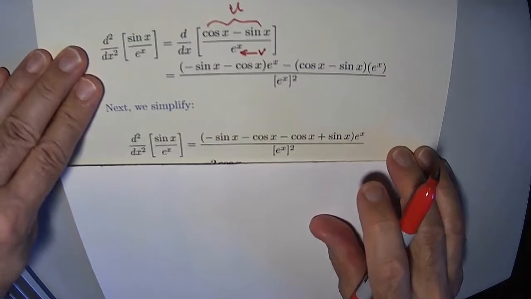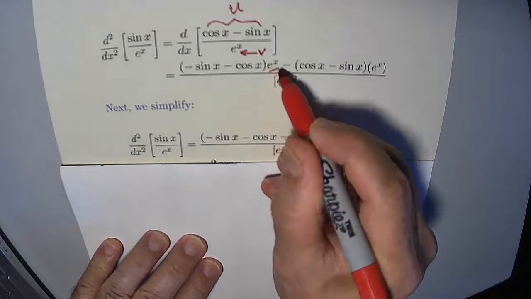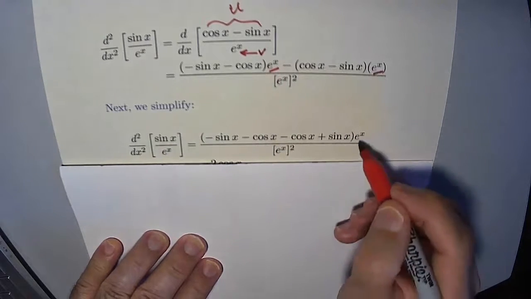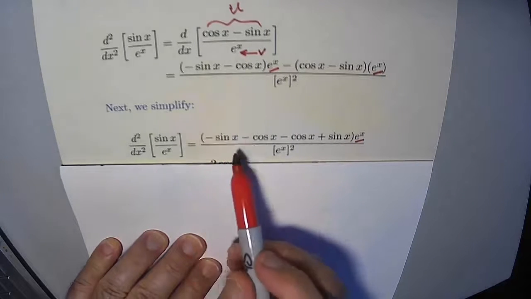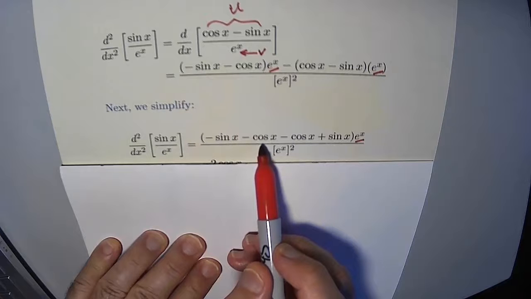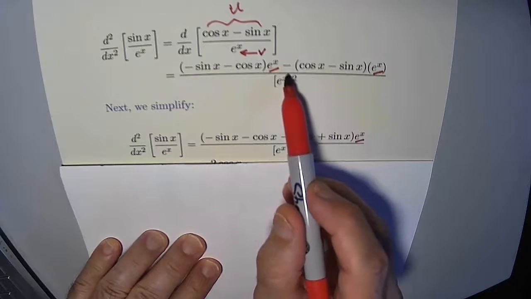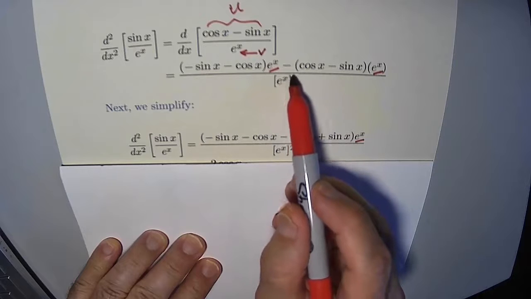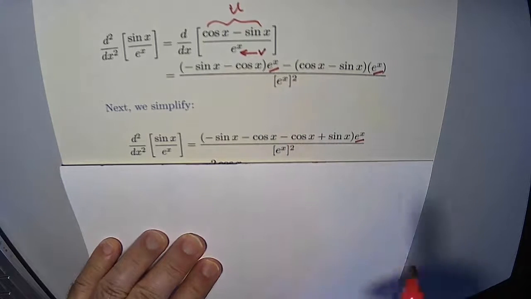And let's go ahead and simplify a little bit. I have an e to the x common. Let's pull that out. Inside the first parenthesis I have minus sine minus cosine. Second parenthesis I multiply the negative through, I get minus cosine, minus times minus plus sine.